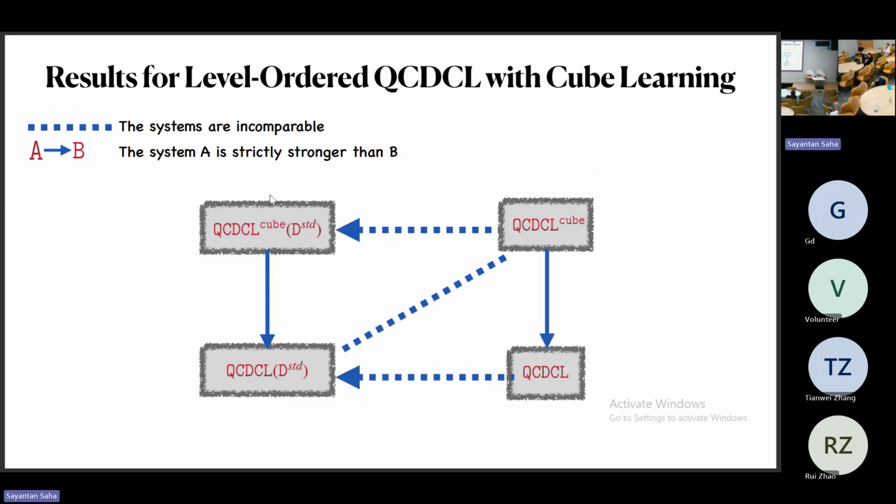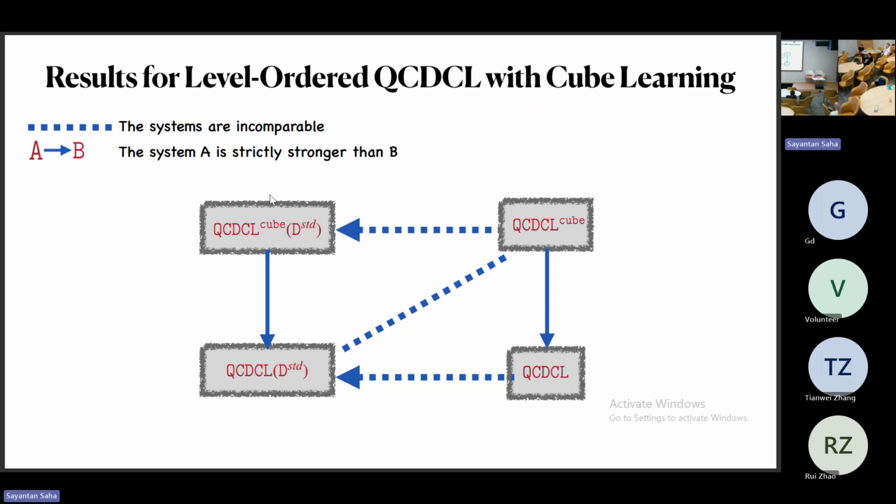Moving away from RRS, there's another dependency scheme, the standard dependency scheme, which lies somewhere between the RRS scheme and the trivial scheme. It's more interesting because we know that this scheme is weaker than the RRS scheme.